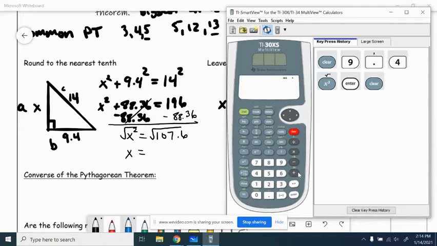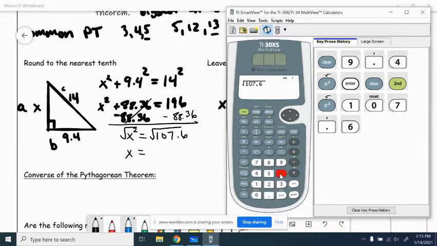Let me pull up my calculator here, clear this out. The square root symbol on your calculator is the secondary function. You can see it here in green. To access the secondary function, we hit the second key and the x squared key. All right, and you see that little square root symbol. Now you can just type in 107.64, press enter, and you'll get the decimal equivalent.